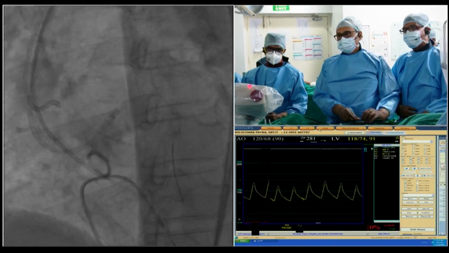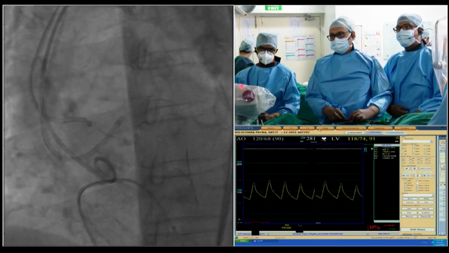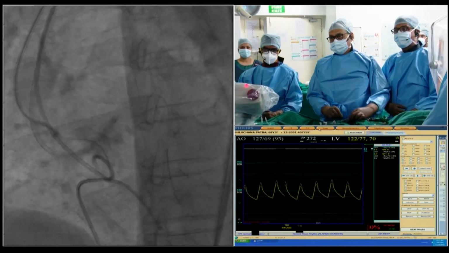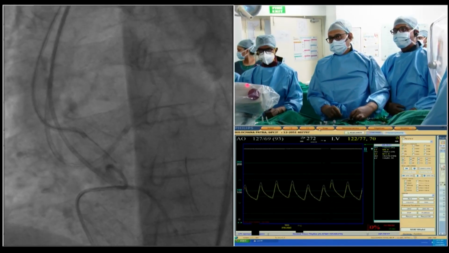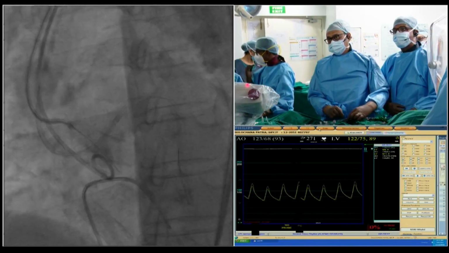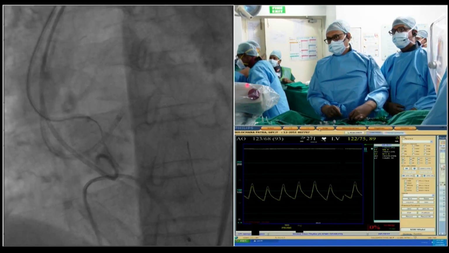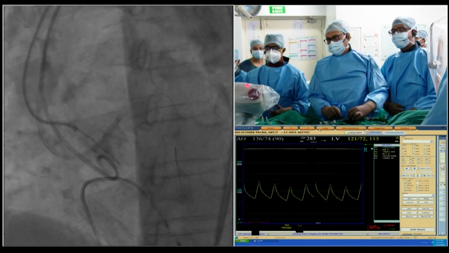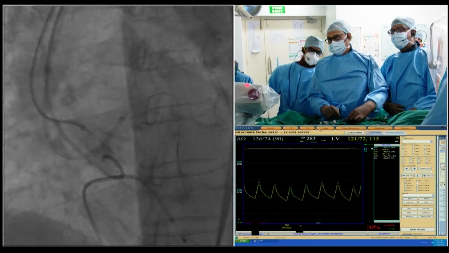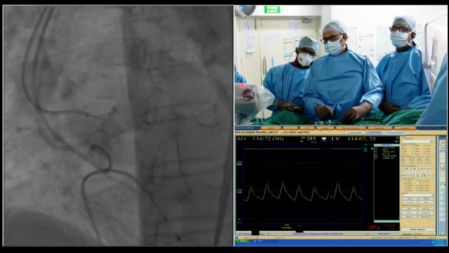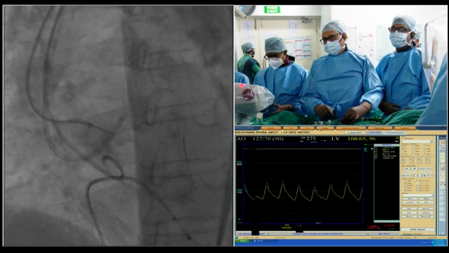Do you have a third wire of choice other than Teflon and the Terumo wire? So there is a question, is there any other wire that you would choose other than Teflon straight or Terumo straight? No, I changed the guide actually. I mean, the catheter, I go from AL1 to JR4, and sometimes that actually helps me to cross especially thick bicuspid leaflets.